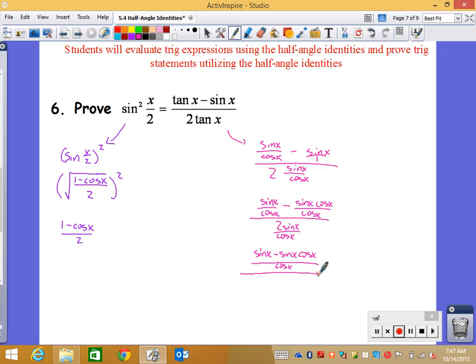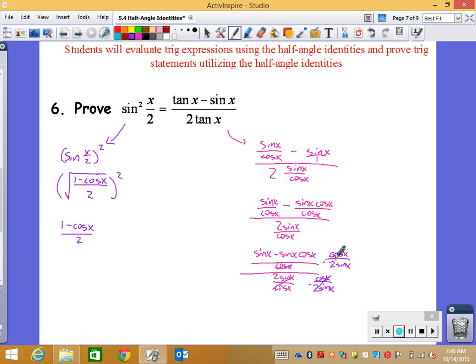Remember, this is all equal to 2 sine x over cosine x. So I can reciprocate or flip the bottom fraction and multiply. So I'm going to multiply both top and bottom by cosine x divided by 2 sine x. Do the same thing on the top. Cosine x over 2 sine x. So everything in my bottom cancels. I also get this cosine x canceling.